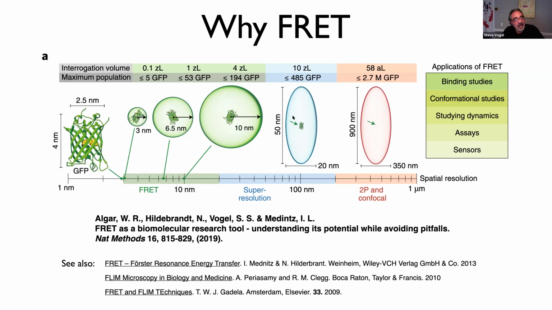It's not so bad. But now you go over to the green spheres, which represent FRET, and it represents very weak FRET at the 10 nanometer diameter, intermediate FRET at like the 6.5 nanometer diameter, and very strong FRET at the 3 nanometer. And you can see that now we're talking about 200 GFPs fitting in, or 50, or down to 5 or even less.